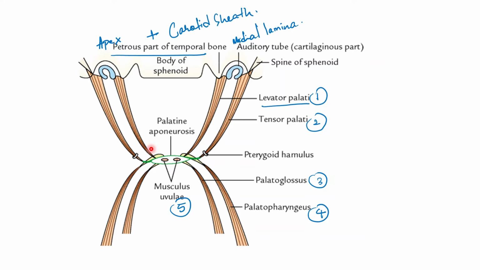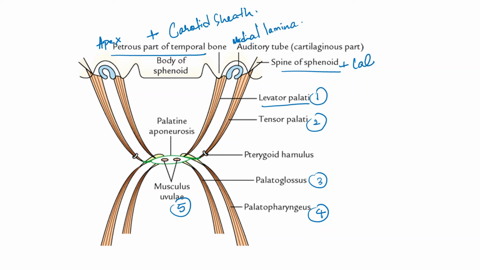Next, moving on to the tensor palatini muscle. Regarding the origin of the tensor palatini, it takes its origin from the following points: number one is the spine of the sphenoid, then the lateral lamina of the auditory tube.